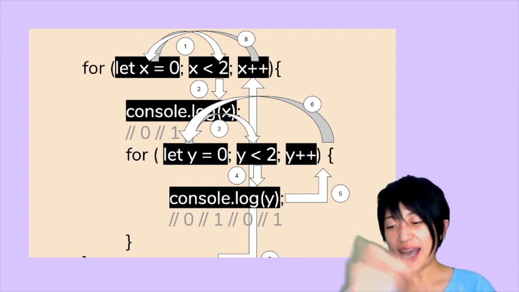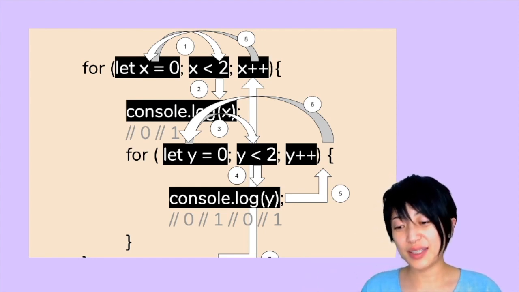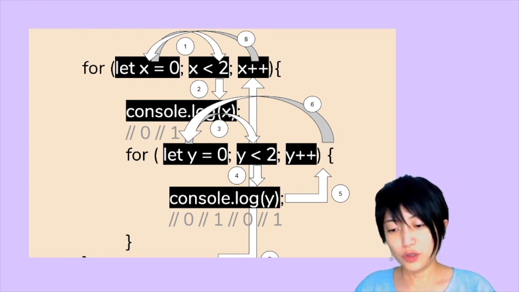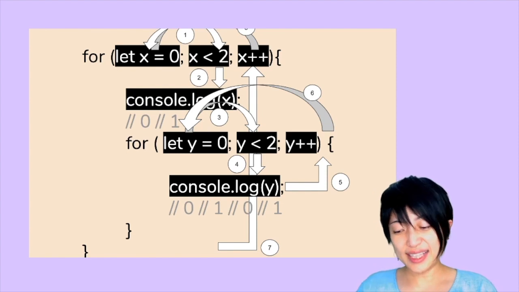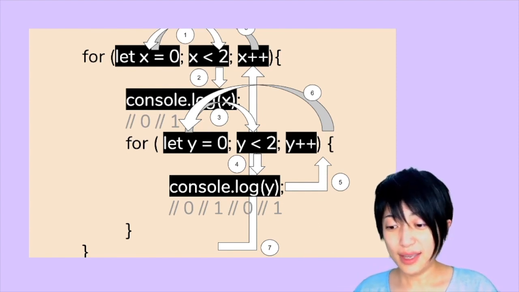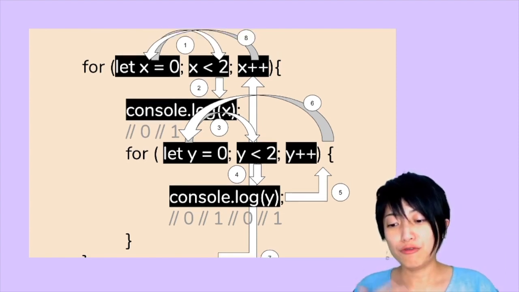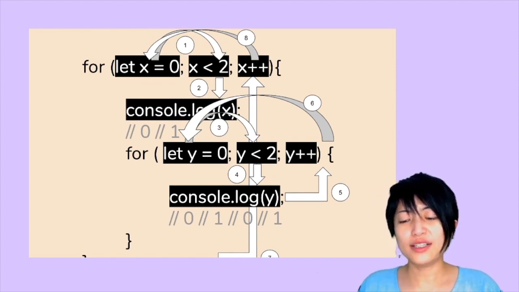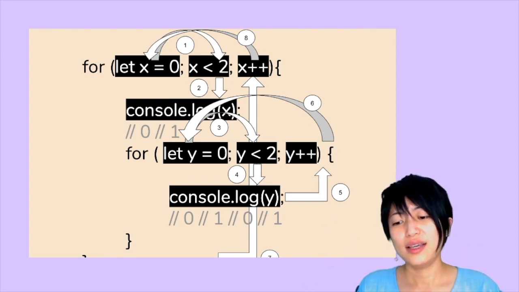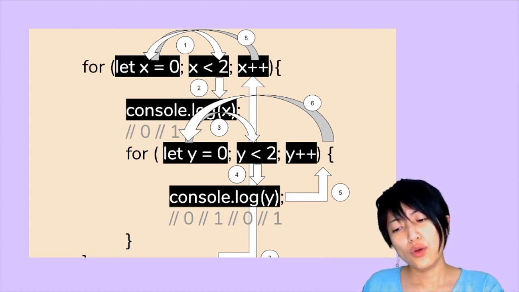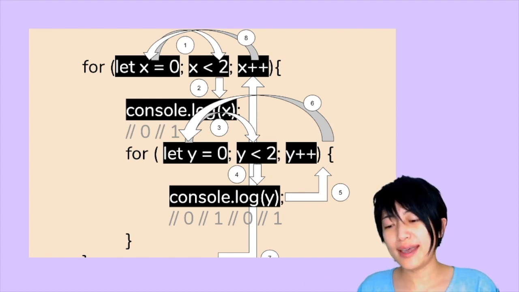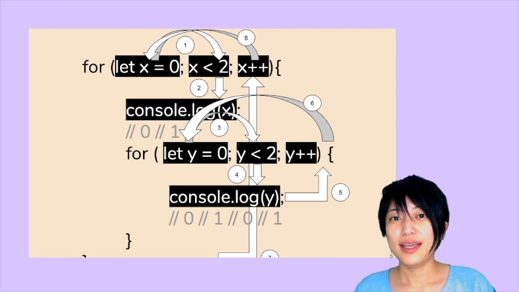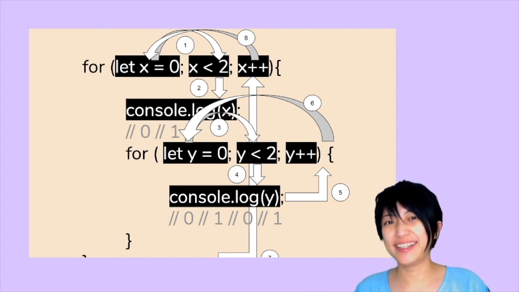Once step 6 gets executed again, it's going to loop back using step 7 and step 8, and realize that once we add another 1 to let x, it's going to be equal to 2, which is not smaller than 2, so this whole for loop has been completed and the program continues running.